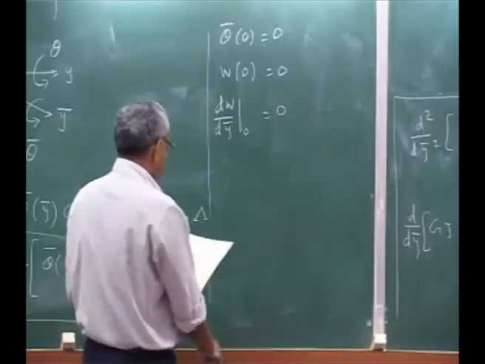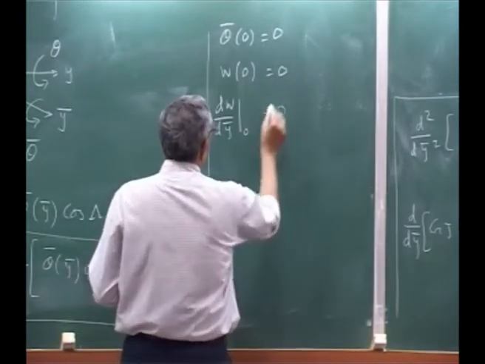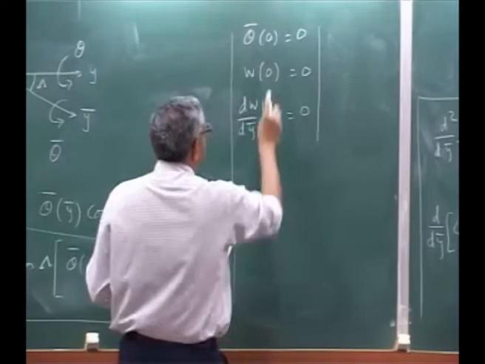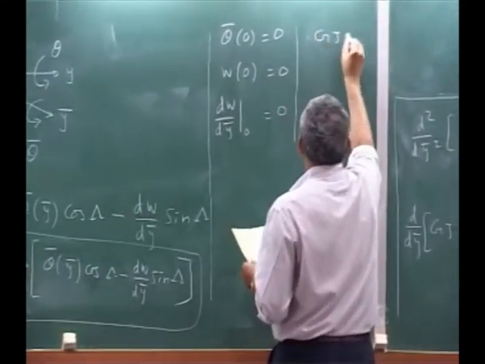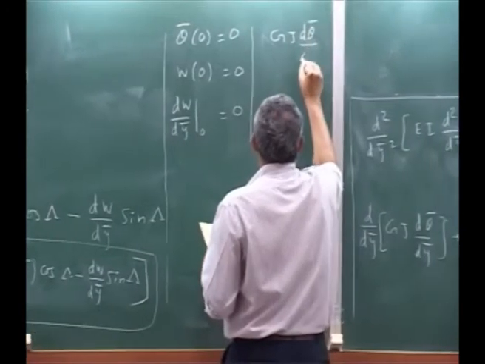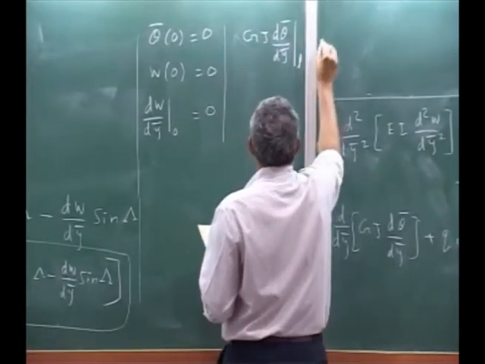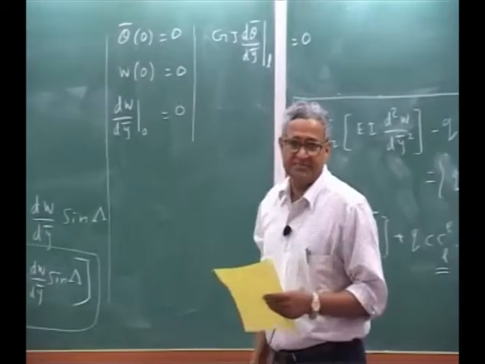Then at the tip you will have again GJ d theta bar by dy bar at L is 0, because that's a free edge.